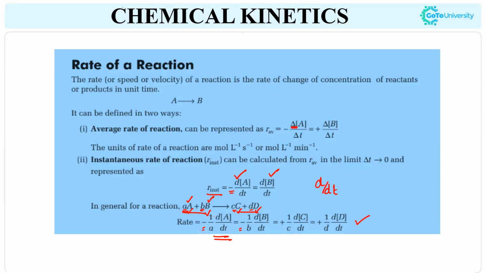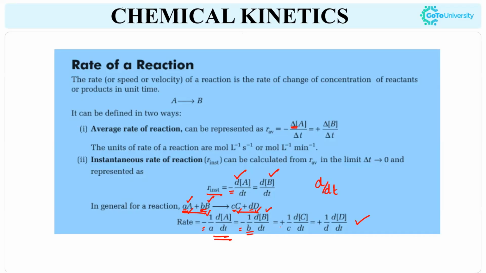Now we can write the rate of the reaction in terms of B as well. If I am writing in terms of B, it will be negative 1 by b, where the coefficient of B is small letter b here. So minus 1 by b d by dt of concentration of B. Now coming to the products C and D. The concentrations of C and D are increasing with respect to time, right?